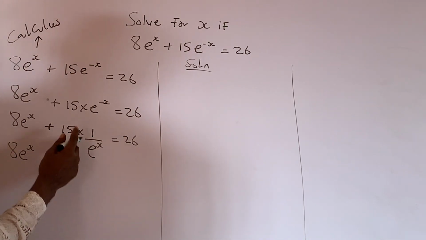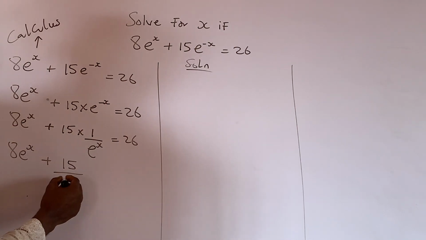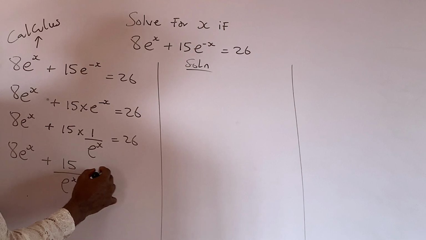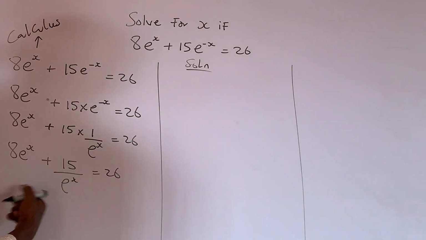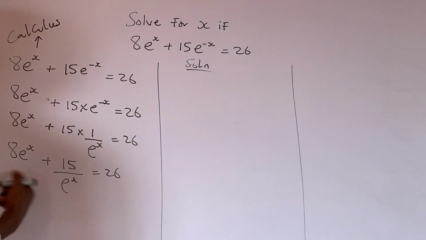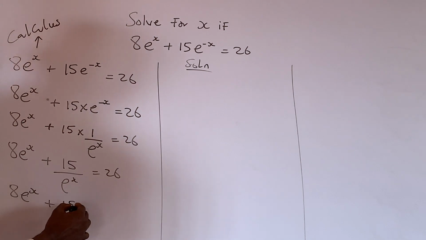Okay? 15 times 1 will give us 15 over exponential function, which is equal to 26, right? So here, we're going to find LCM. So 8 exponential plus 15 over exponential raised power x.